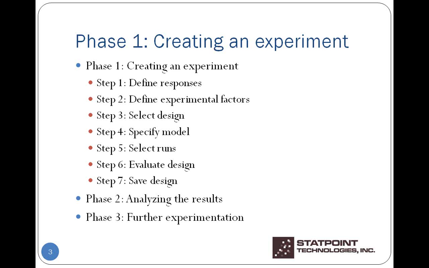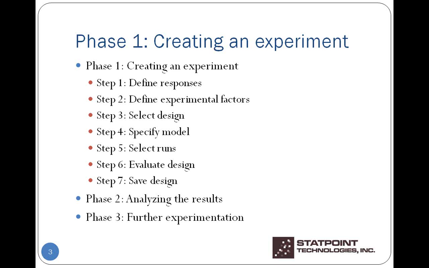You'll select a design. You'll specify the statistical model to be fit. In cases of a D-optimal design, you'll select a subset, perhaps, of the runs that you initially created. You can evaluate the design, and finally, in step 7, save it away.